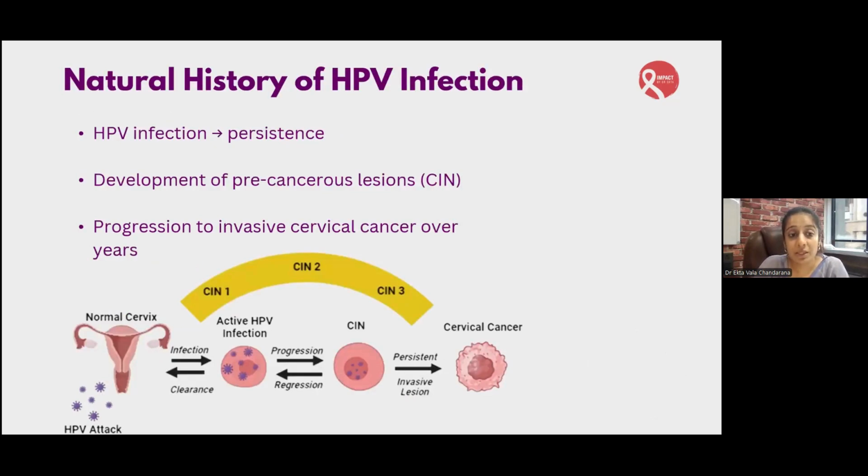So here we see the natural history. HPV infection, then persistent infection, and then it is followed by development of precancerous lesions, called CIN. From CIN1 it progresses to CIN2 and then 3, and then there is progression to invasive cervical cancer over years.